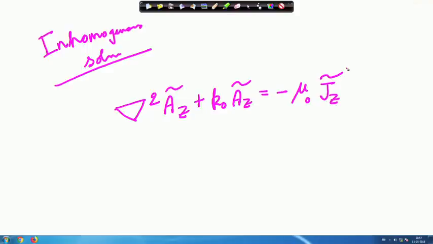Now, you see what was our solution, Az was... Here is a problem: if we want to determine the value of Az at r equal to 0, it is a division by 0 case, because the function is non-zero and r is 0.